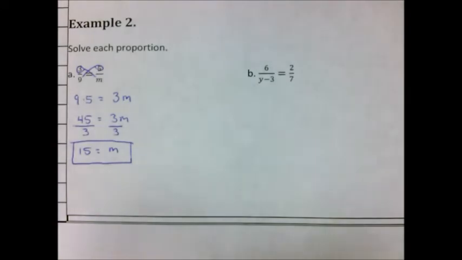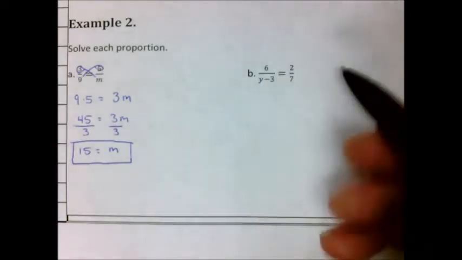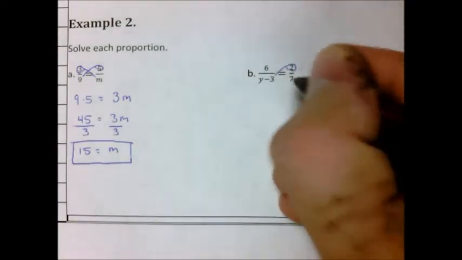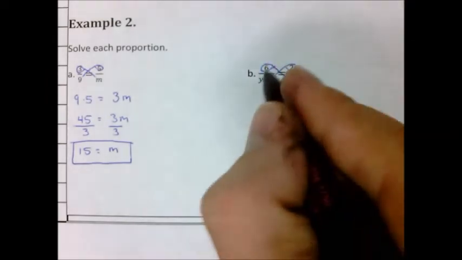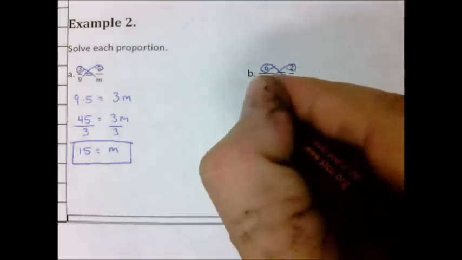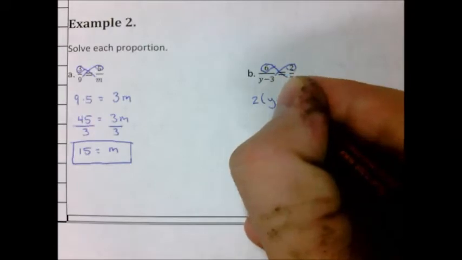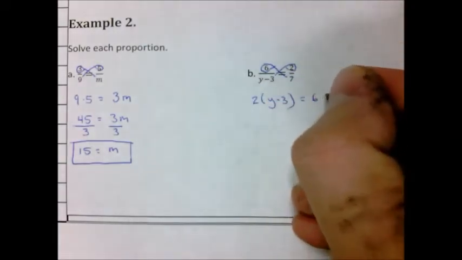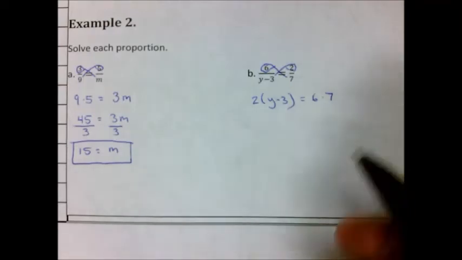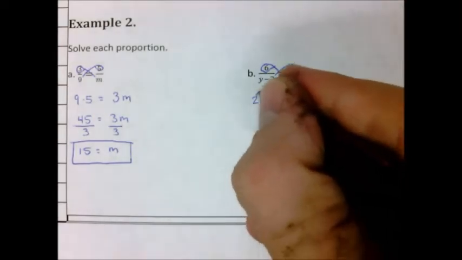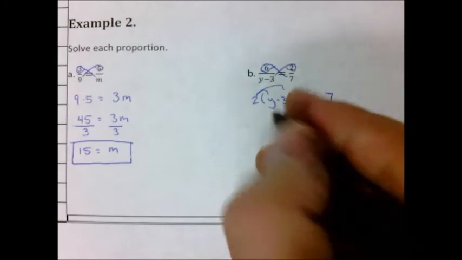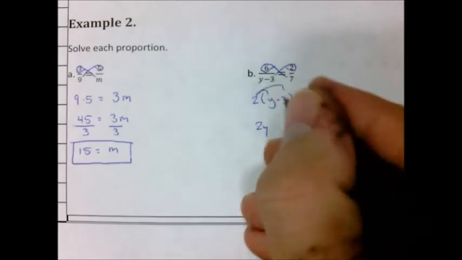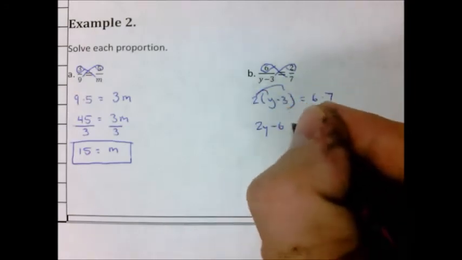Okay, some of those are really easy, but other of these, like this one over here, it takes a little bit more work, right? So we have 2 times y minus 3, so 2 times a whole y minus 3 is equal to 6 times 7. And now we have to do a little bit more math. We have to use the distribution property, or the rainbow rule. 2 times y is 2y, and 2 times negative 3 is negative 6.